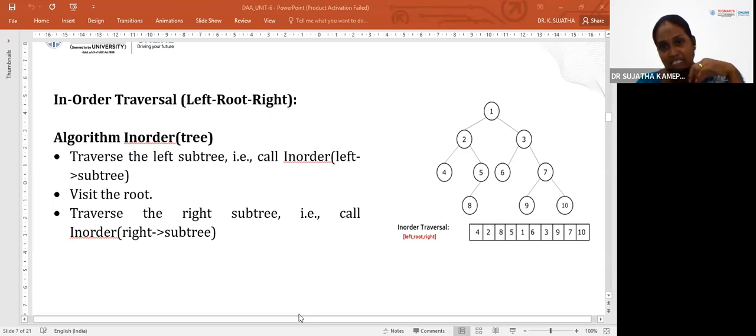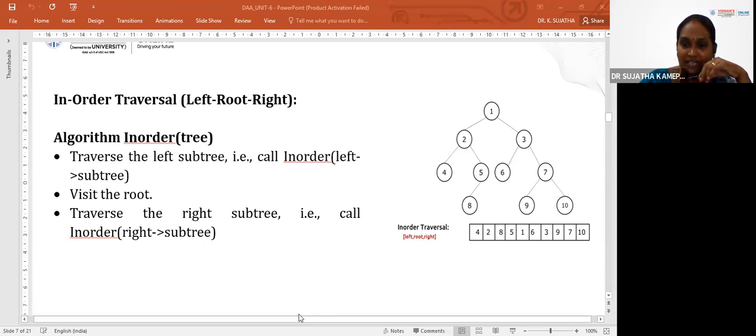So what is a binary search tree? A binary search tree is a binary tree in which the left child is always less than the parent and the right child is greater than the parent. So if it is a binary search tree, the in-order traversal is always in sorted order.